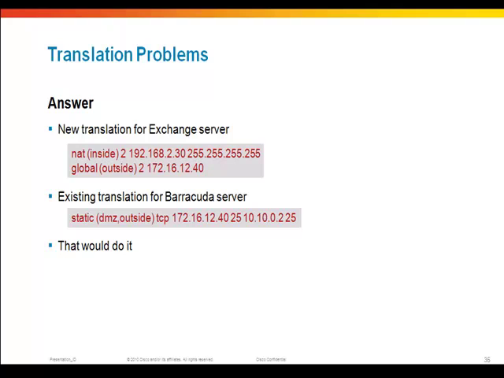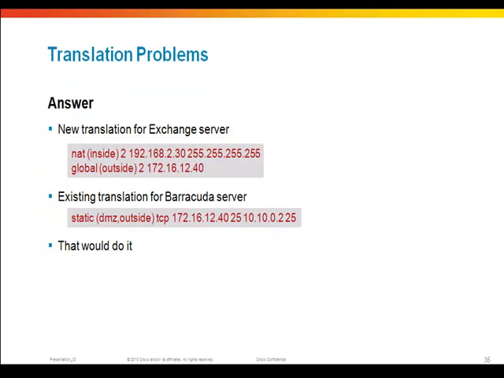So it's a NAT inside 2, give it a different ID, and a global outside 2 to match that, and specify just the Exchange server IP address 192.168.2.30 with a 32-bit mask, and use a global outside 2 172.16.12.40. Again, all these translations are based on 8.2, and these are the same with the FWSM as well.